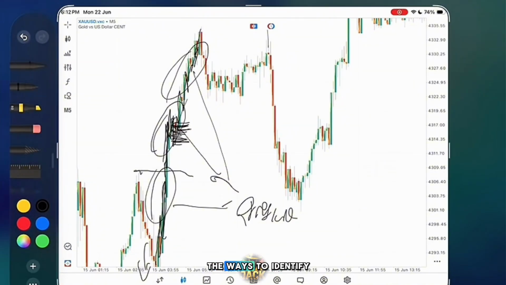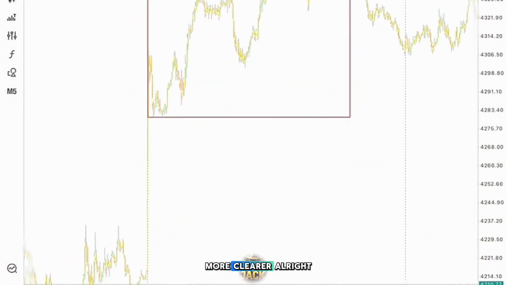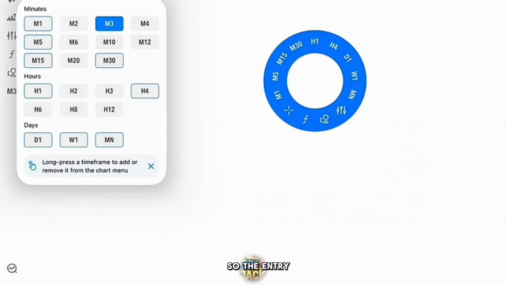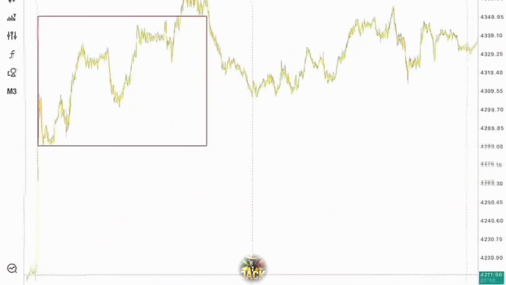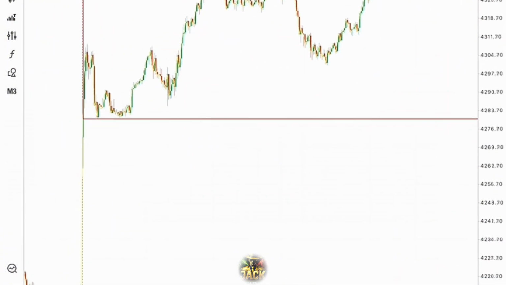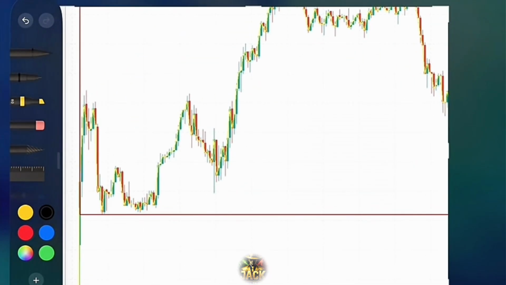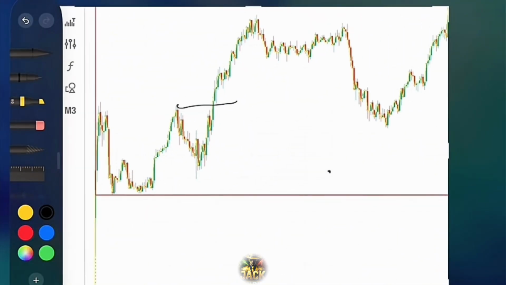This is one of the ways to identify pressure. If you go to M3, it'll be even clearer. See that? It pokes its high. Pressure here, boom.